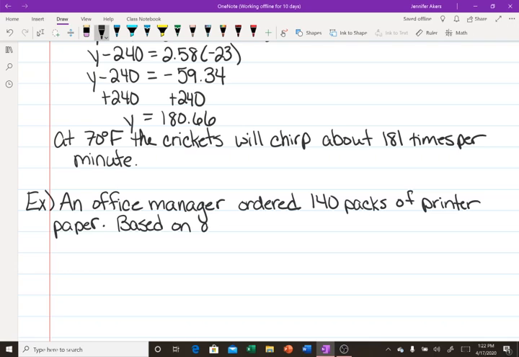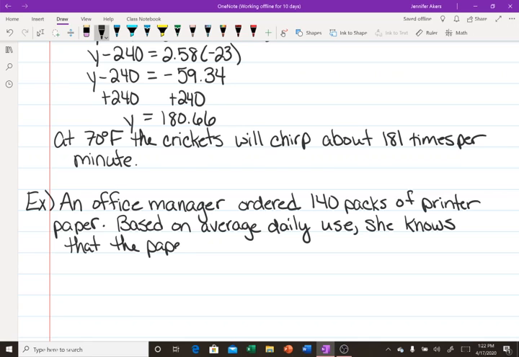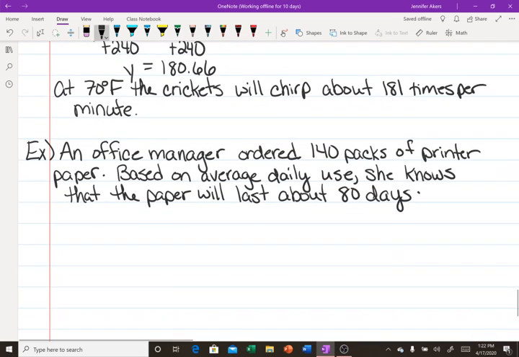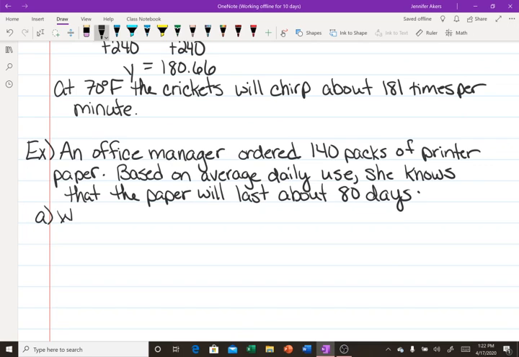Based on average daily use, she knows that the paper will last about 80 days. Part A, what graph represents this situation?